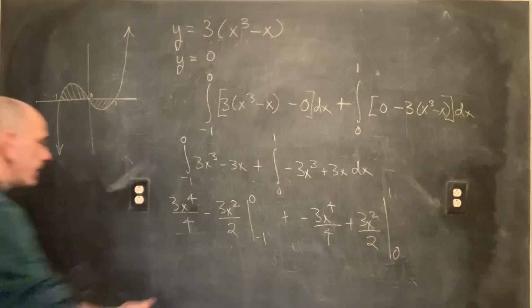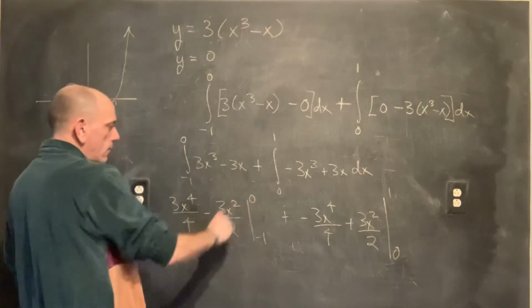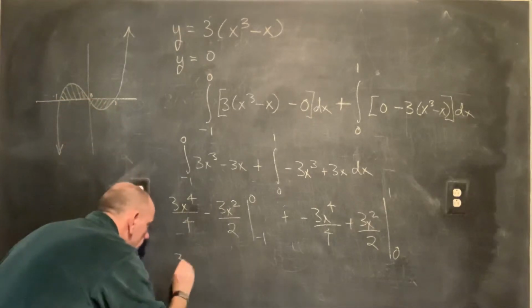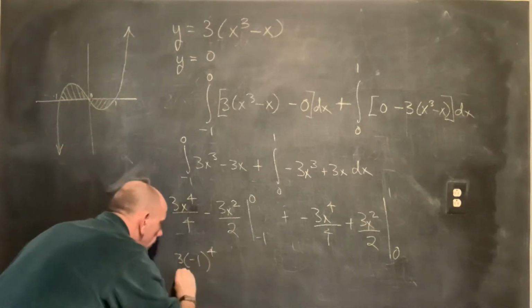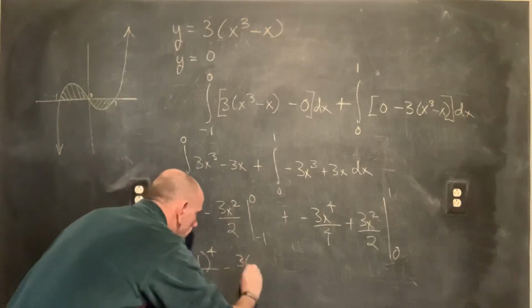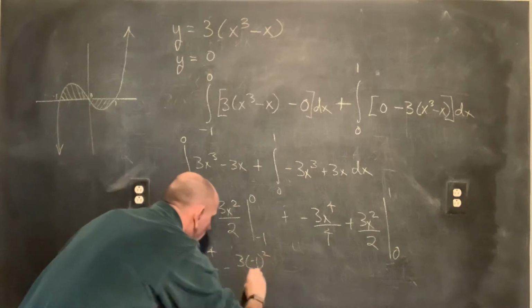All right, these all have x's in, so this first term will just zero out, and I only need to evaluate at negative 1. So we have 3 times negative 1 to the 4th over 4 minus 3 times negative 1 squared over 2.